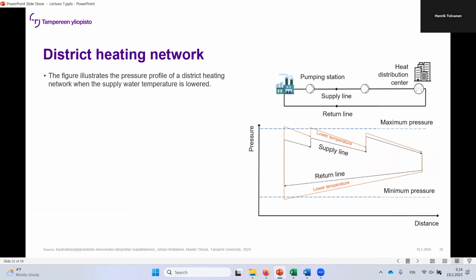That means the pipes could rupture. And in the return line, if it goes below the minimum pressure, then it would start boiling. So the water has to have enough pressure in the system to not start boiling.